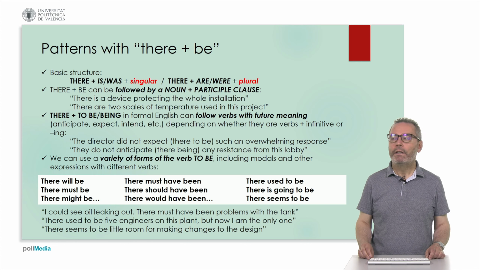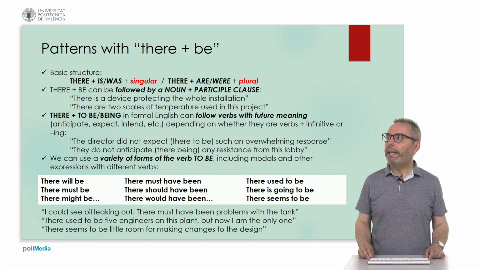Another structure is there plus to be or being. In very formal English, academic English, it can follow verbs with future meaning, such as anticipate, expect, intend, and many others. Depending on whether they are verbs plus infinitive or ing, we would use one form or another.